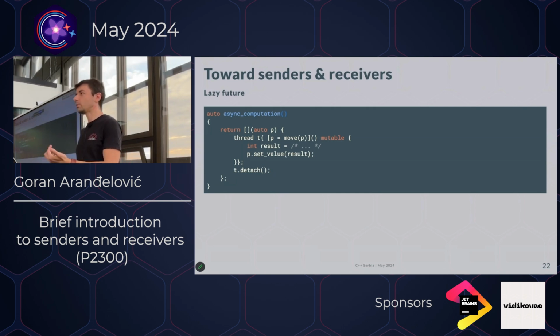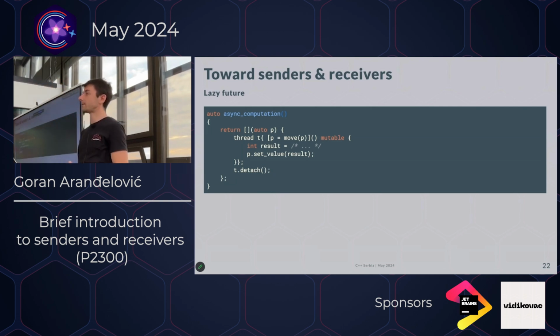So far, we were returning std::future, let's say, from our async computation. And we don't even need to do that at all. We just spoke about these graphs of tasks, right? And you don't want to immediately execute your async computation. You just want to create it and then start it later on, right?